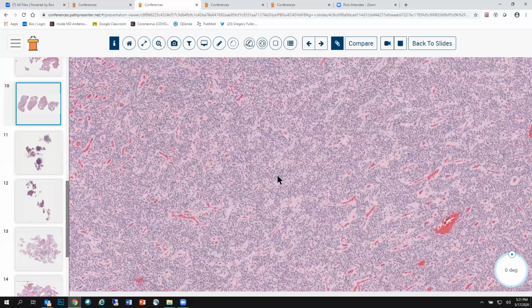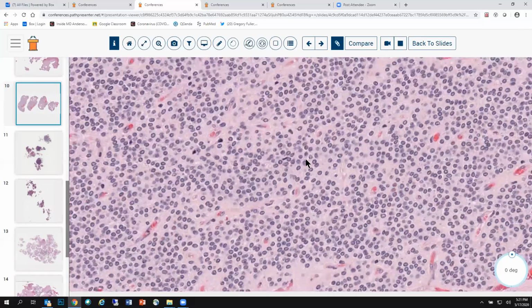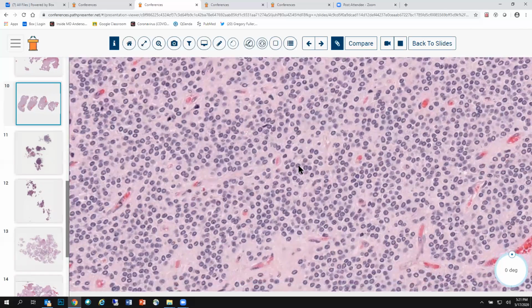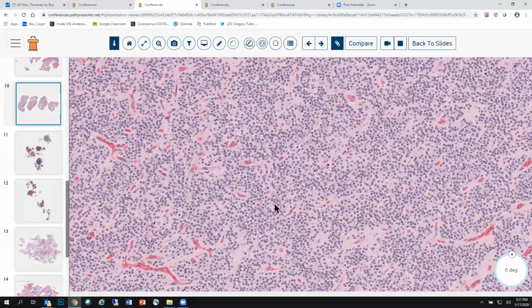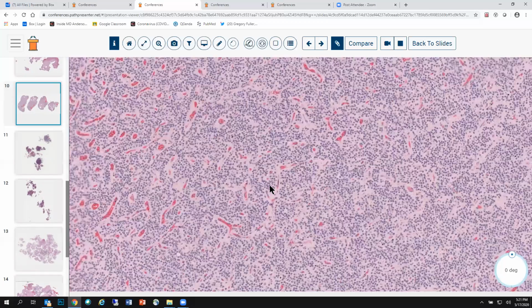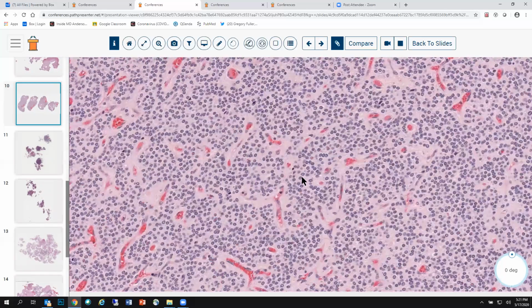Now, if you had started with this case, and even now, you might be thinking, I mean, did they put in 2 oligodendrogliomas, because these cells are really round, really monotonous. They don't particularly show the fried egg artifact, the cleared cytoplasm, but oligos do not have to do that.